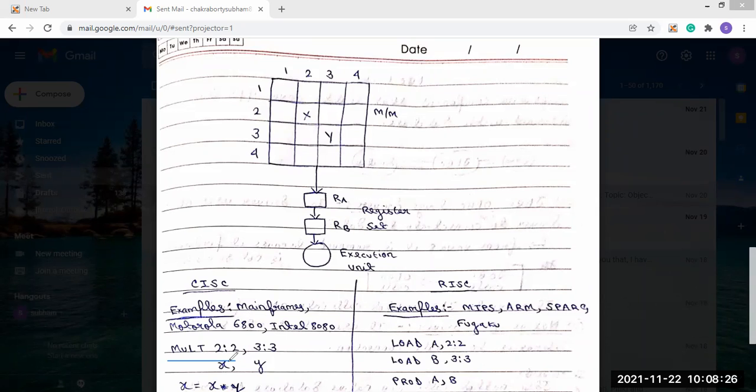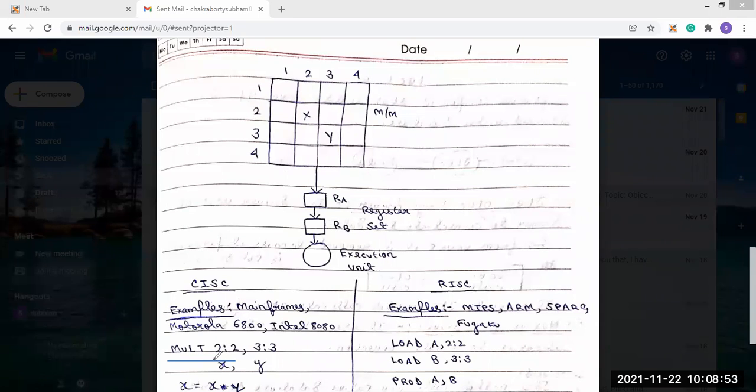So in CISC, how do we execute instructions? Let's say we have written the instruction MULT 2:2, 3:3. This is our RAM, and let's say it has 4 rows and 4 columns.